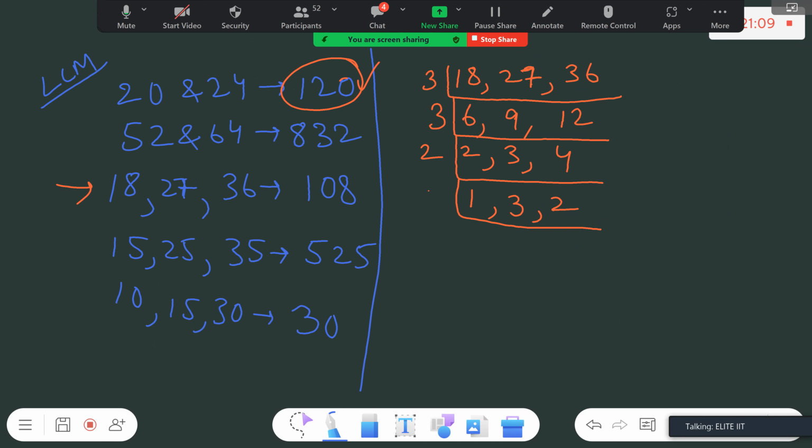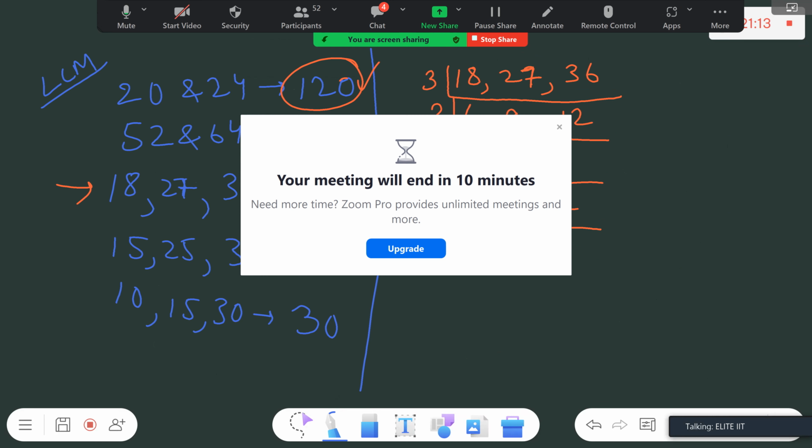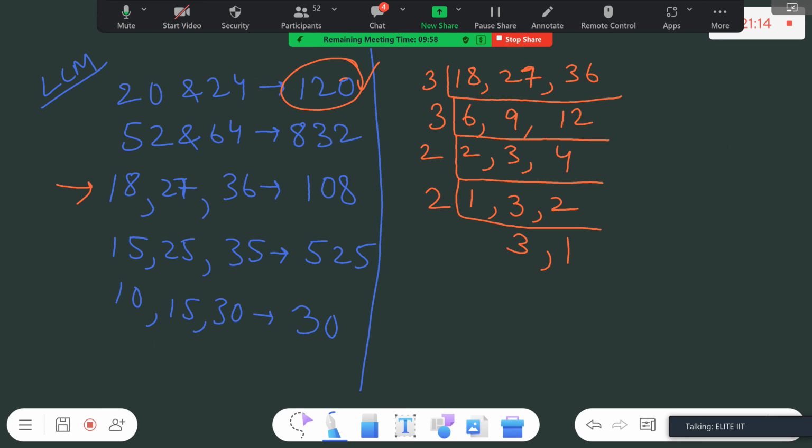Or you can write something like this: 2 ones are 2 first, keeping the remaining numbers the same. And again you can write 3 ones are 3, keeping the remaining numbers the same. So here I will get 1, 1, 1 all over, nothing else.